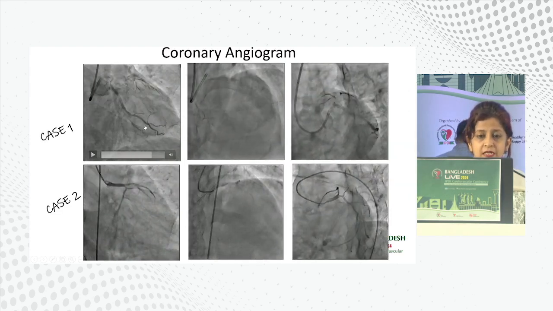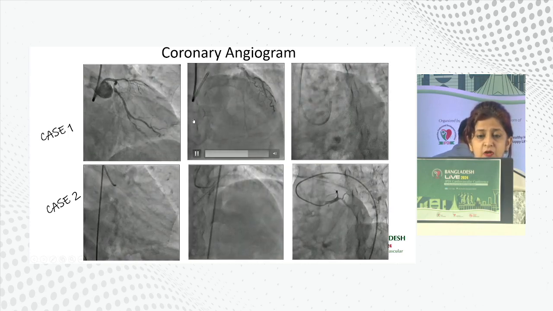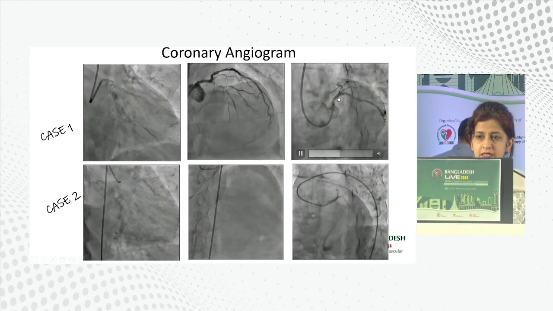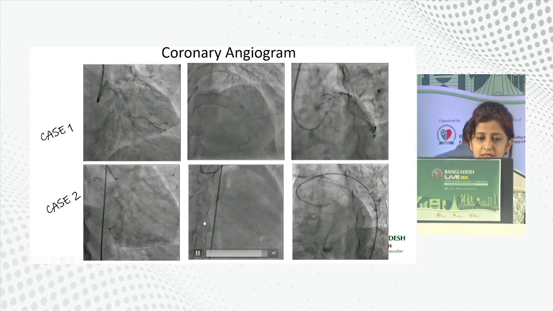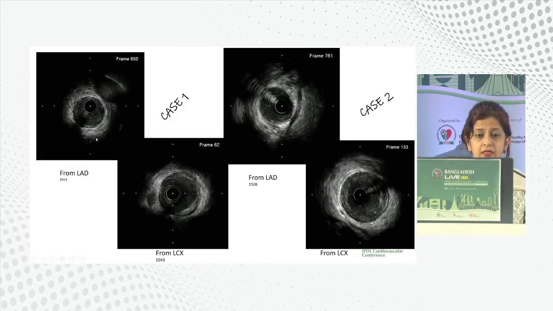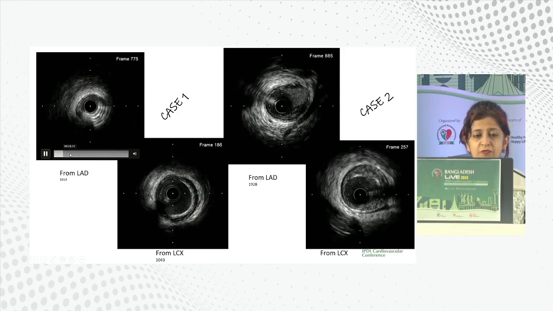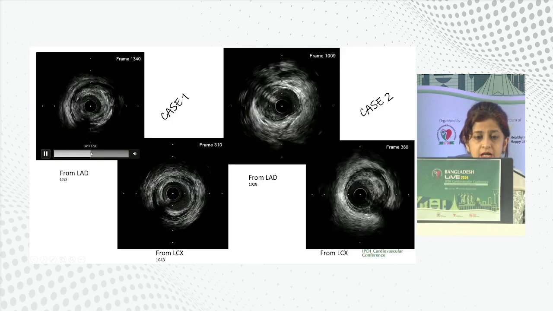In both patients, left main was normal and LAD has disease from the ostium up to the mid part, while SAC is diseased in the first case and there's only an intermediate lesion in the SAC in the second case. So we took IVUS. In the first case, the LAD has disease from the mid part up to the ostium.